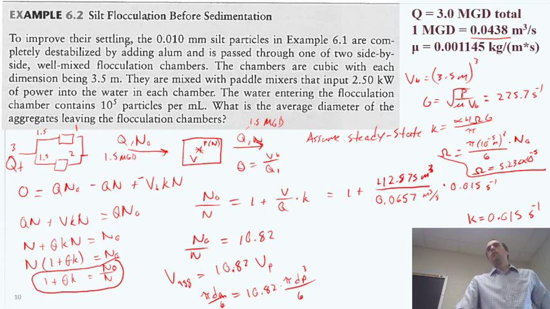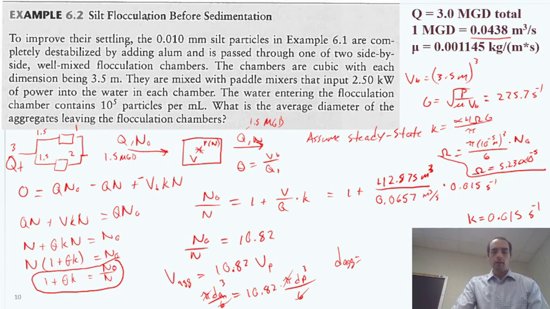Then we can solve for the diameter of the aggregate by multiplying both sides by 6 and dividing both sides by pi to get rid of those. And so our diameter of the aggregate should be, oops, sorry, I have to put the cube there. We have to deal with the cubes, but otherwise it should be relatively straightforward.